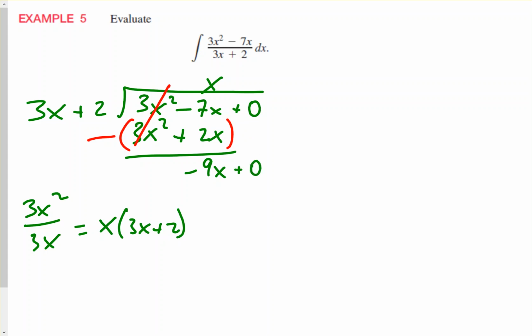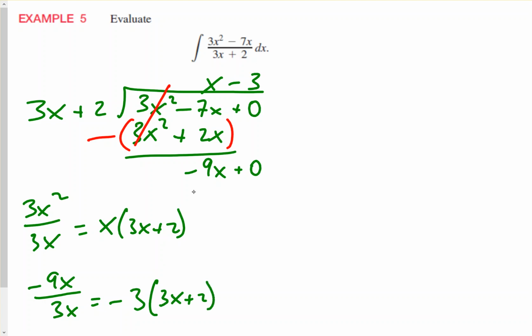Now how many times would 3x go into negative 9x? Well, the x's would cancel. Negative 9 divided by 3 would be negative 3. So we put negative 3 here, and now multiply. Negative 3 times 3x plus 2.